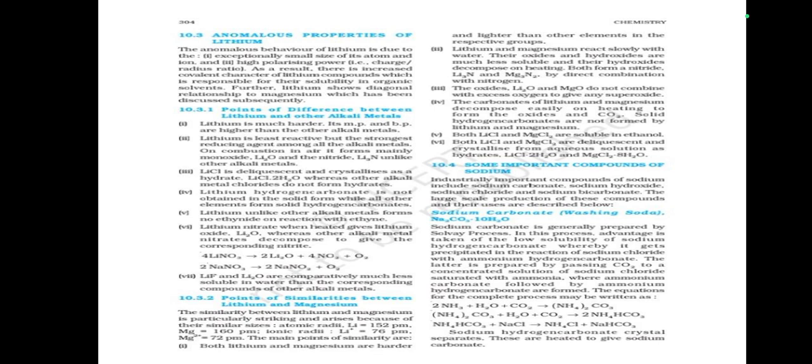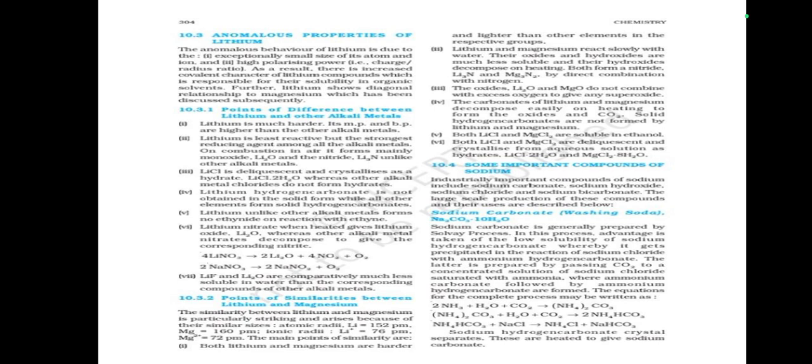Unlike other alkali metals, LiCl is deliquescent and crystallizes as a hydrate, LiCl·2H2O, whereas other alkali metal chlorides do not form hydrates. Lithium hydrogen carbonate is not obtained in the solid form, while all the other elements form solid hydrogen carbonates.